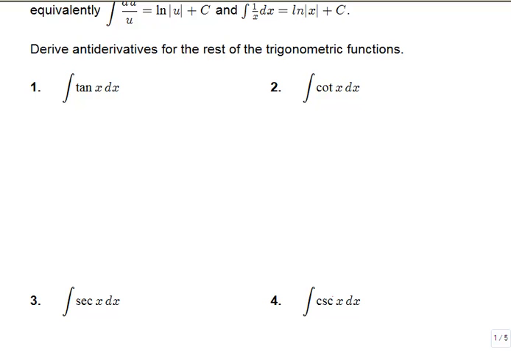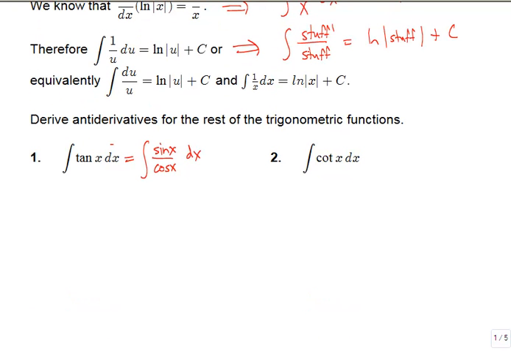So to find the integral of tangent of x, what we're going to do is change this into its sines and cosines. So tangent is sine x over cosine x dx. Now think about our rule up here. This is a fraction, and when I see fractions, what I want to start thinking about right away is, does it fit this stuff prime over stuff rule? And this one does. This is a cosine in the bottom. So if I let that be my stuff, then the derivative of cosine is a minus sine.